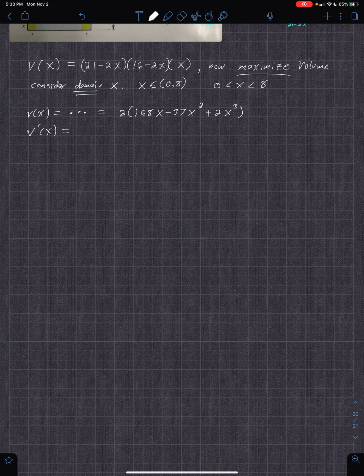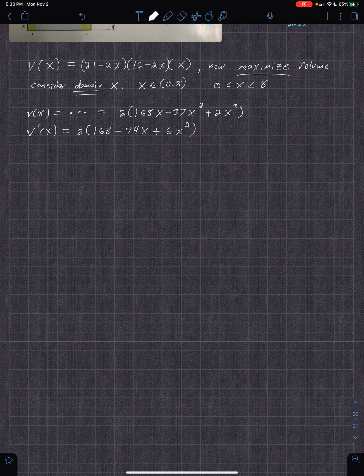Take its derivative, and the 2 just stays there. And you get 168, and then that's just 1, and then minus 2 times 37 is 74x, and then plus 6x squared.